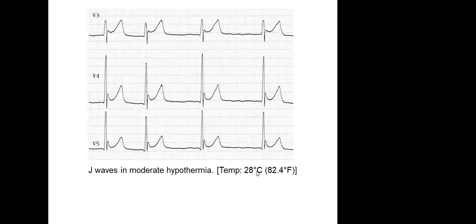In moderate hypothermia, 28 to 30, again we can see the height of the J wave corresponds with the patient's temperature. So in submersion injuries, probably you will be seeing J waves in hypothermia.